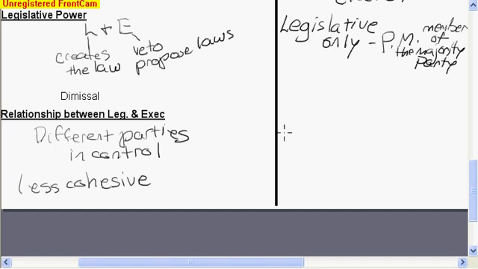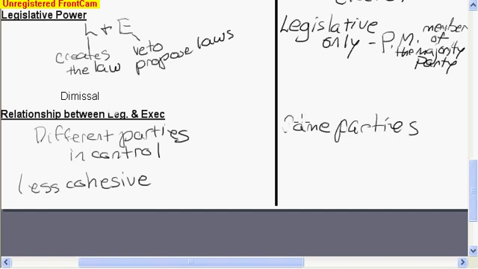Moving over to parliamentary system, basically, because of the fact that the Prime Minister is being elected from the majority party, we know that both the legislative and executive branch are from the same parties.